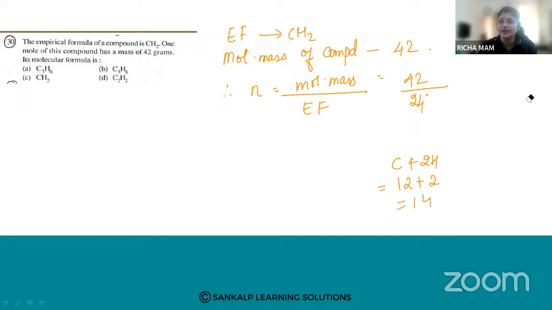Not 24, sorry. So 42 by 14: 3 4s are 12, 3 1s are 3. Yes, 14 3s are 42. So N is equal to 3.